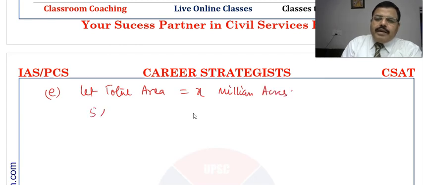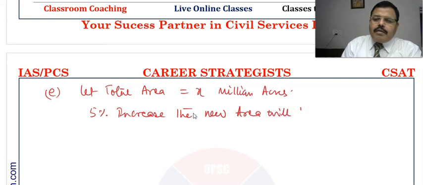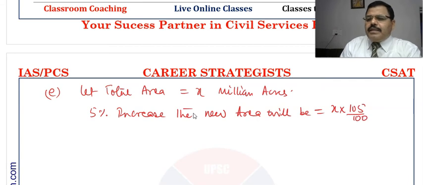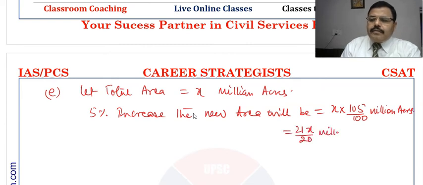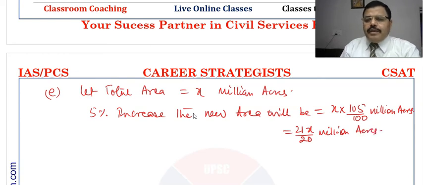So after a 5% increase, the new area will be x into 105 by 100, that is 21x by 20 million acres, right? So I hope you got it.